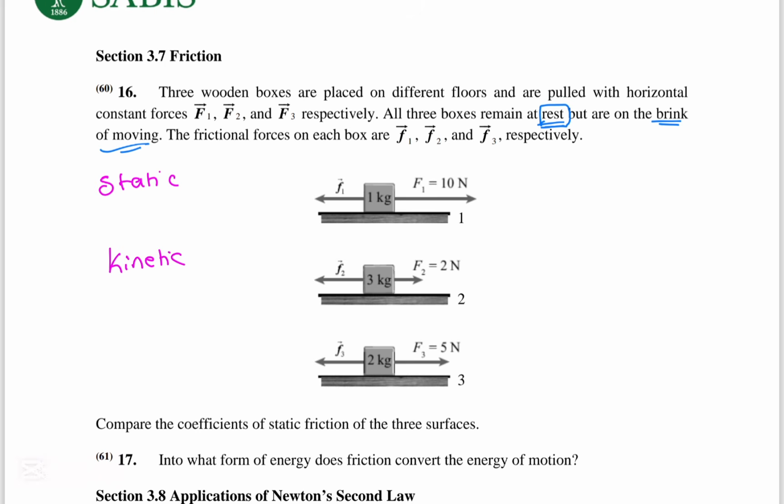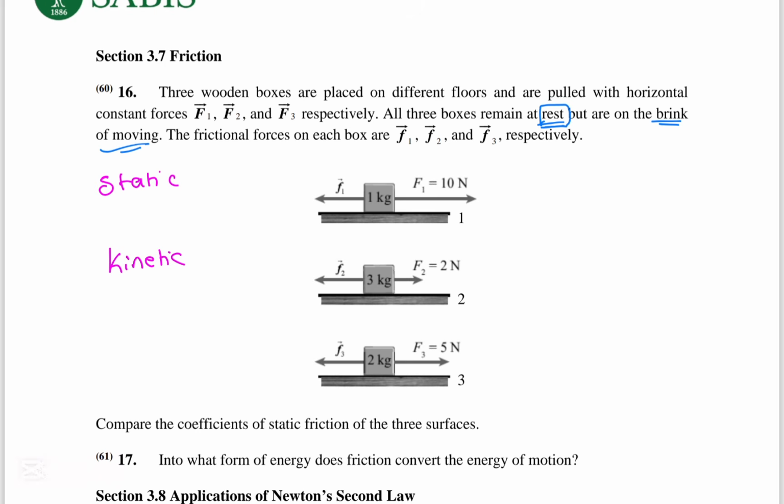And these two balance out, so my bottle remains at rest, but it's on the verge of moving. But if I apply a stronger force, my bottle will eventually move. When my bottle eventually moves, my force will become greater than the friction, so then it will turn into kinetic friction, okay? So they want us to find the frictional forces of each box respectively.